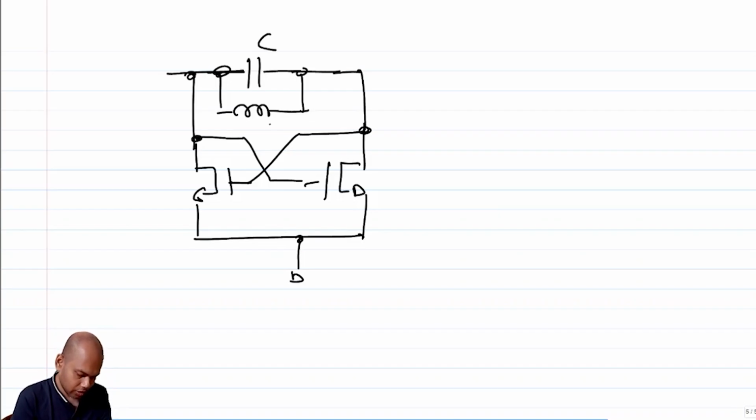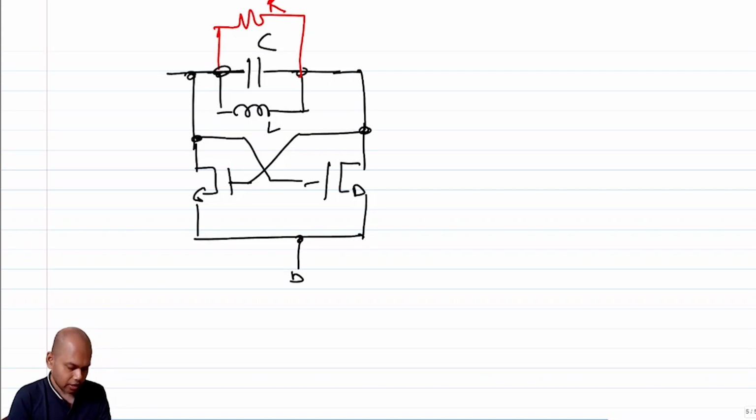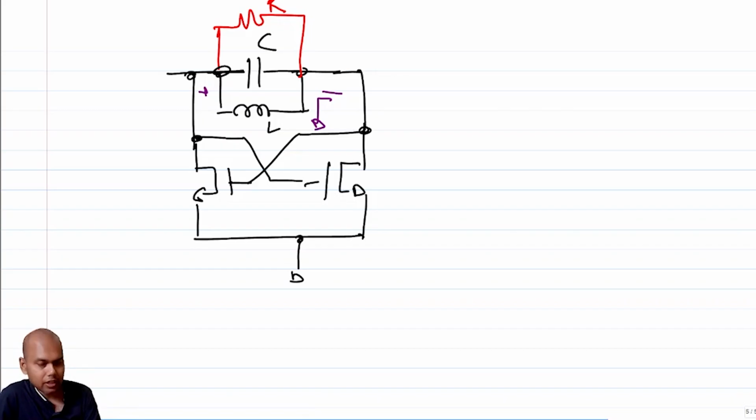So C is L, and obviously I have a parasitic resistance R, and I have to ensure that the overall resistance looking down from here should be equal to negative of G, that is negative of 1 over R, then I am good, right?